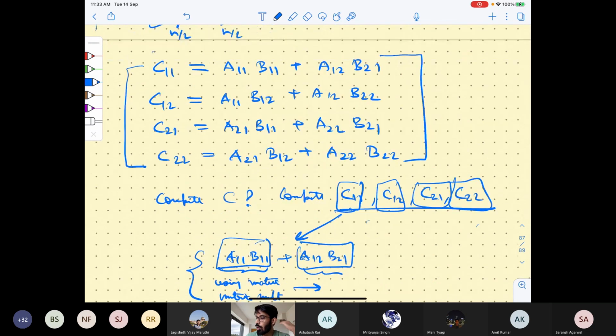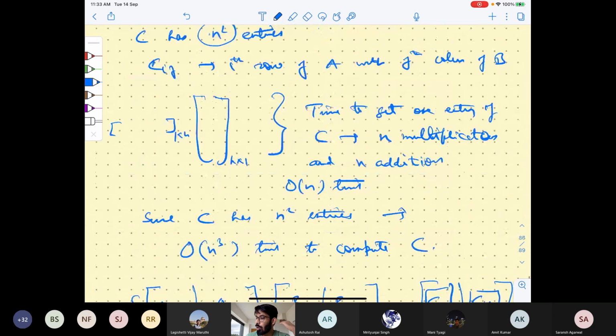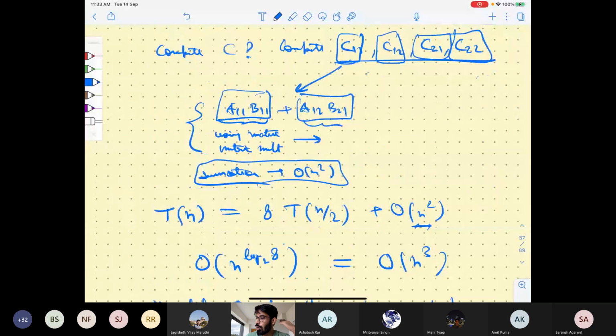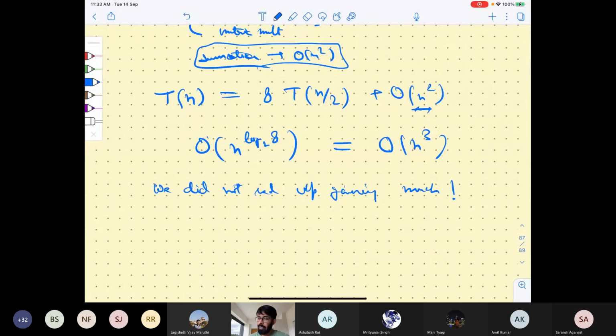But now the question can be: can we do some such trick as we did in the case of integer multiplication? Is there some product or some partial sum that we can calculate using the other ones?